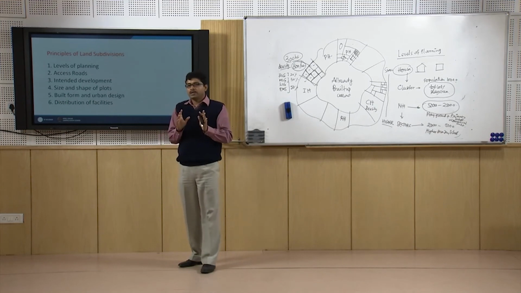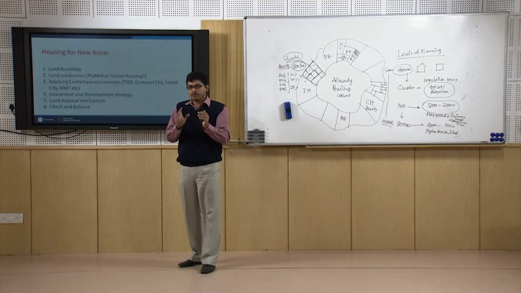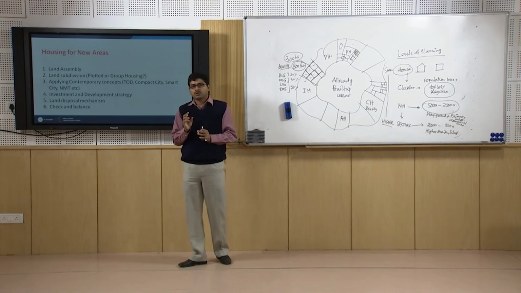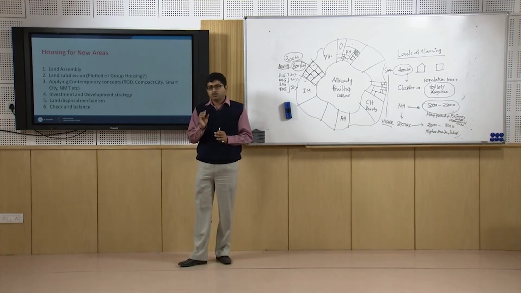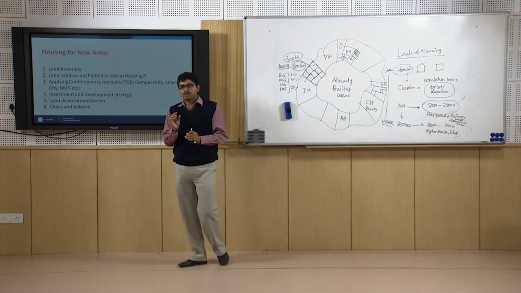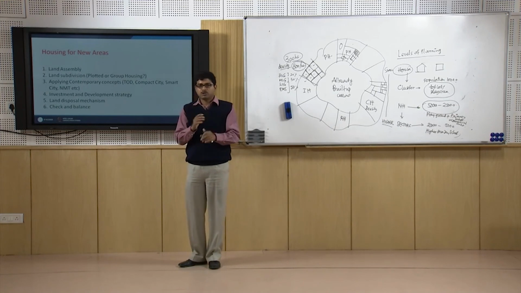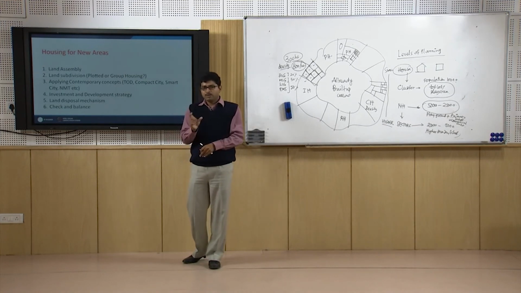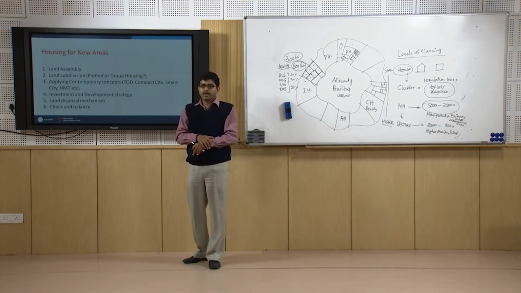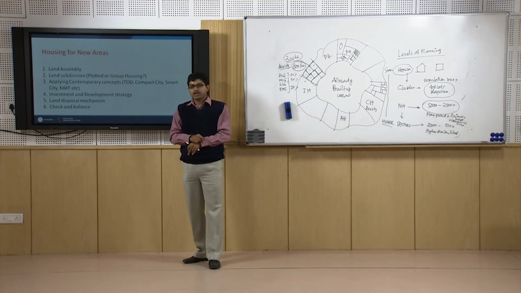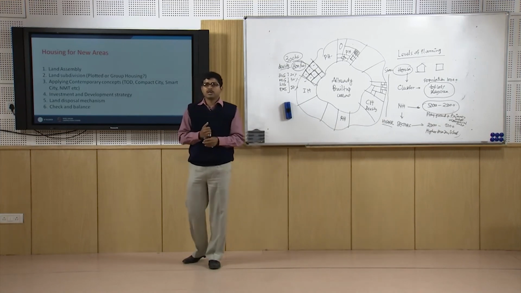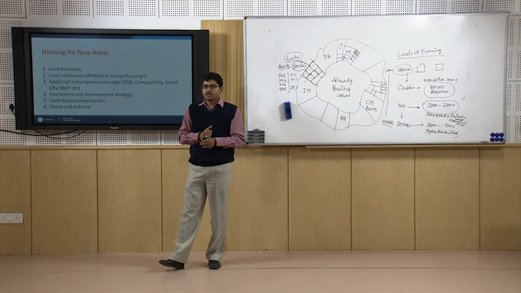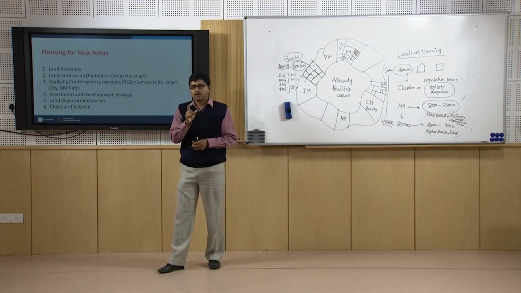We will have a different discussion on cooperative housing, but for today you can take a note that for cooperative housing we have to design the plot in such a way that each and every cooperative can build their house within that plot size and shape. So, to determine the plot size and shape, we have to do a cross calculation of the possible architectural layout of the housing for that particular user group.